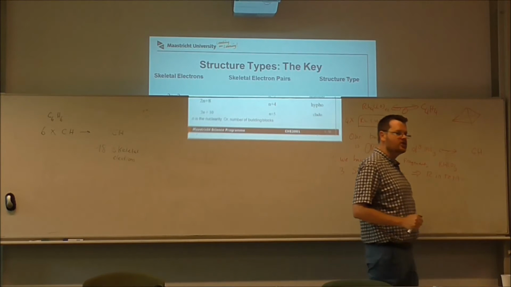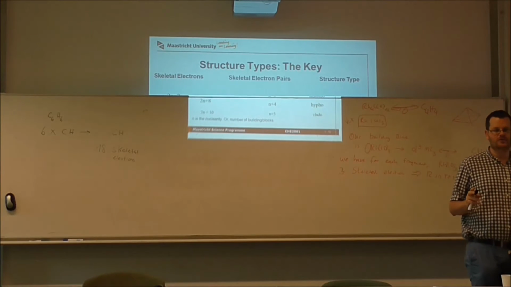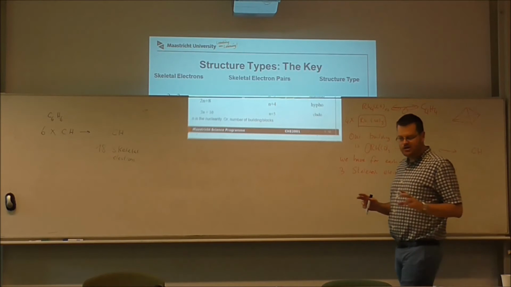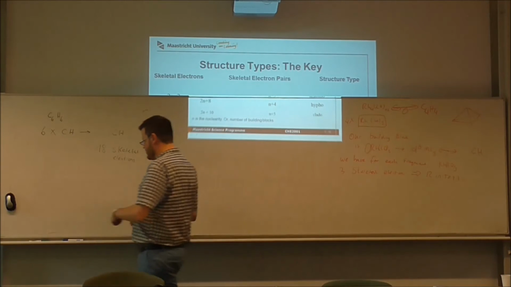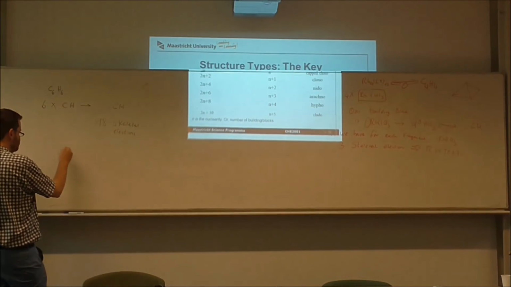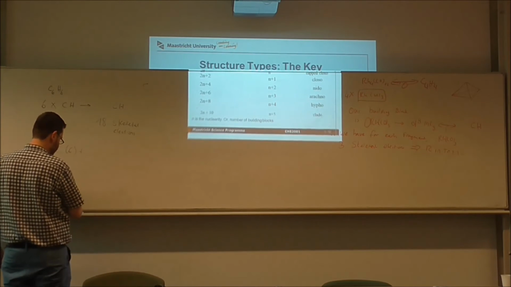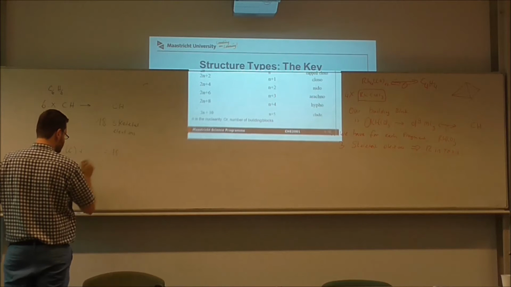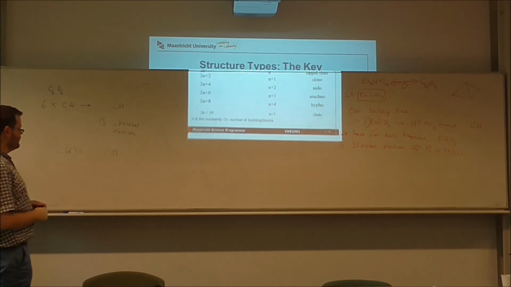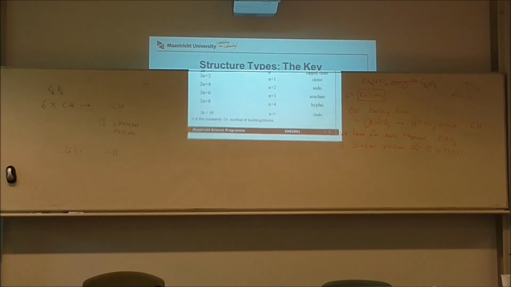So 12 plus what? How many cluster electrons do we have in total? 18. So this is what we do: 2 times 6, because the nuclearity is 6, plus something must equal 18. Solve for that something. Well, it's 6.